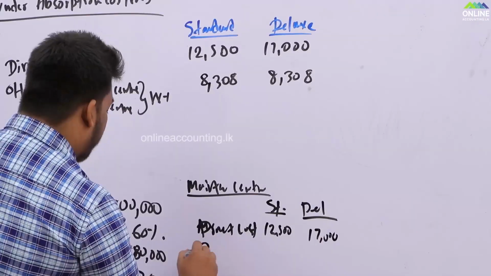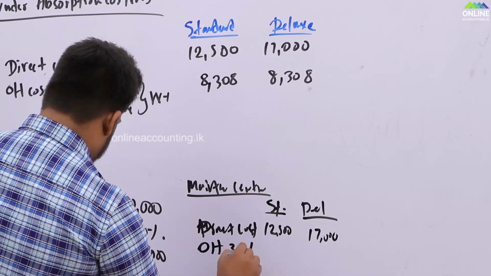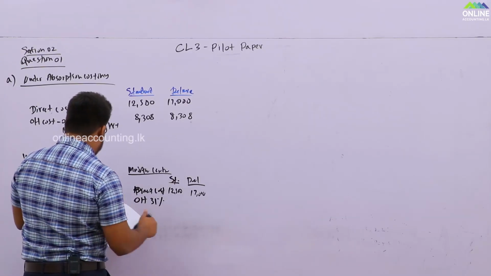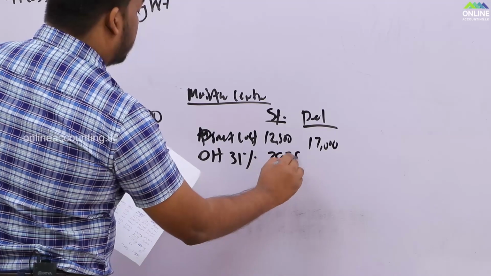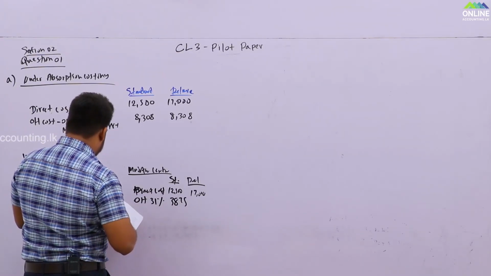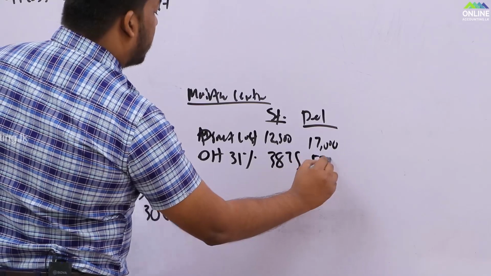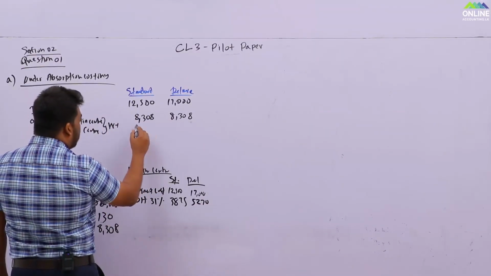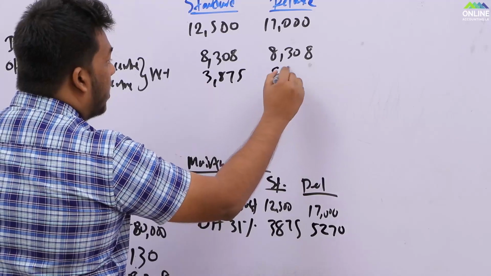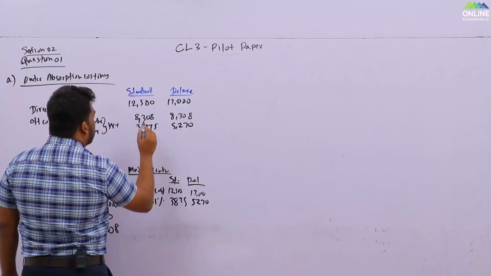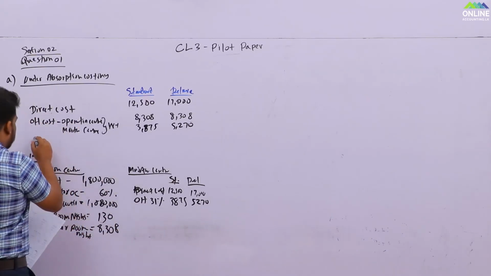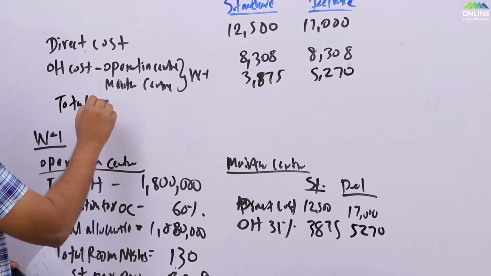The overhead is 31%, so 12,500 into 31% is 3,875, and 17,000 into 31% is 5,270.